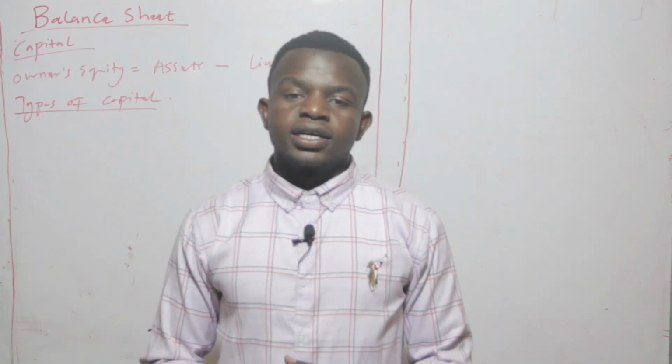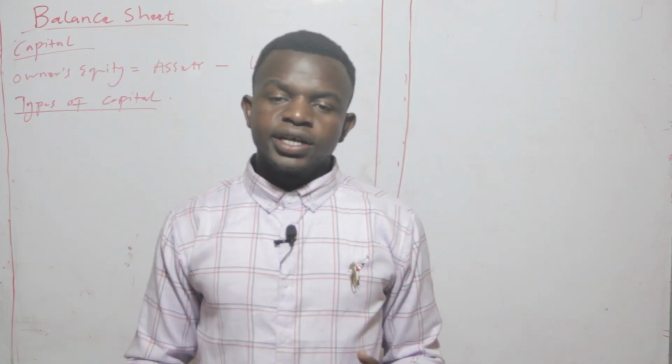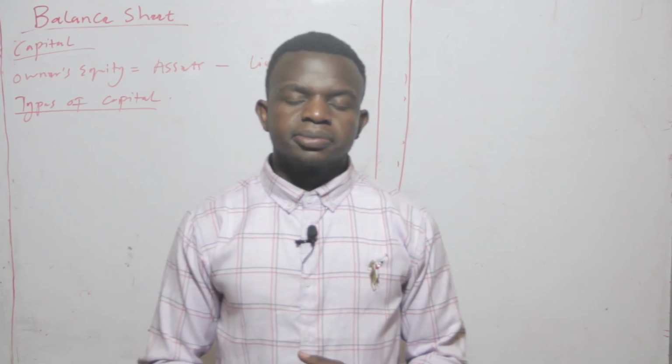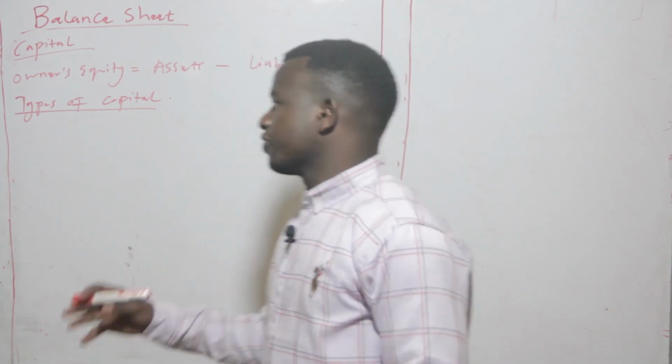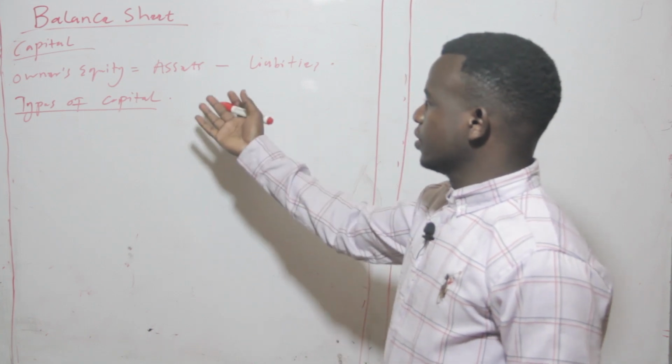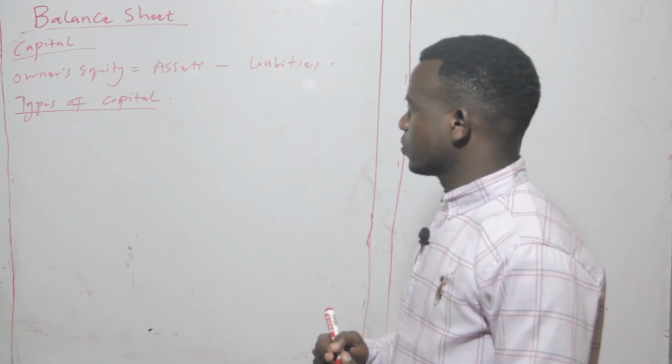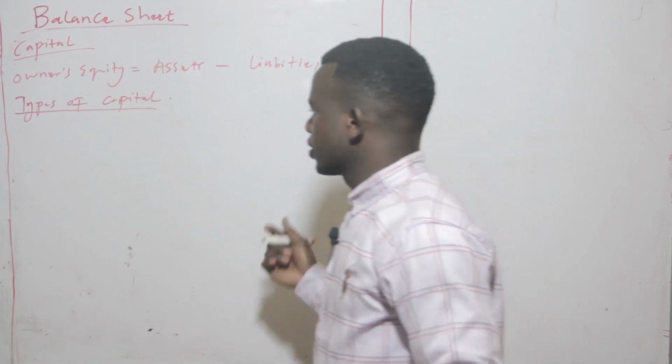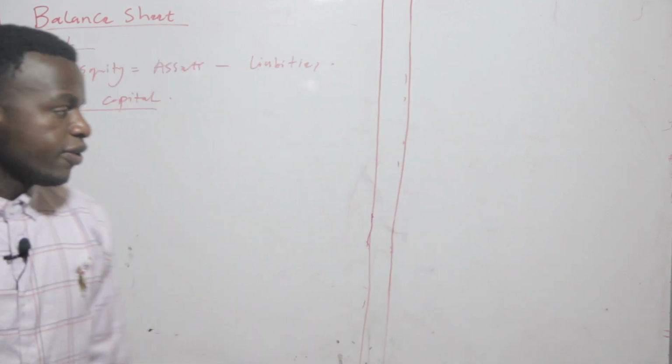So let us now look at owner's equity. So owner's equity is equal to assets minus liabilities, and I've already written down this formula. And we're going to look at types of capital.